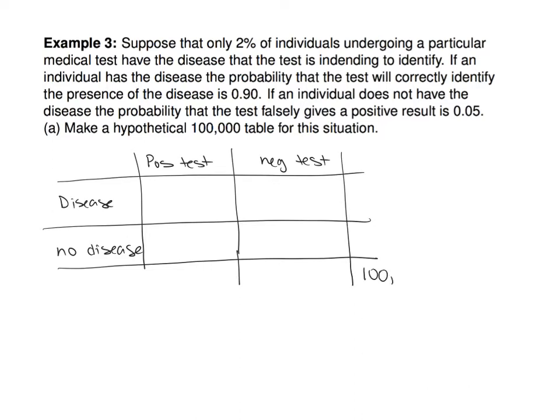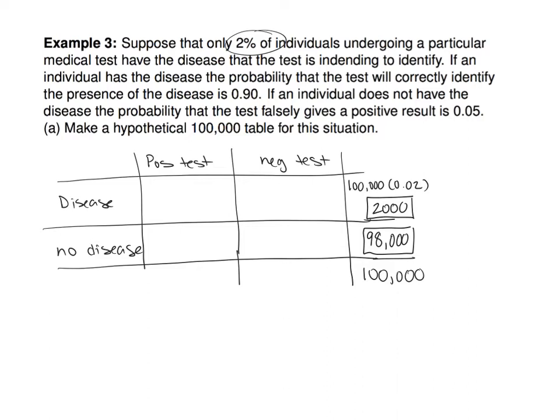Okay, so if we have 100,000 people total, the first thing we know is that 2% of people actually have the disease. So here, 100,000 times 0.02 gives us 2,000 people who actually have the disease, which tells us that 98,000 do not. That's your first step.